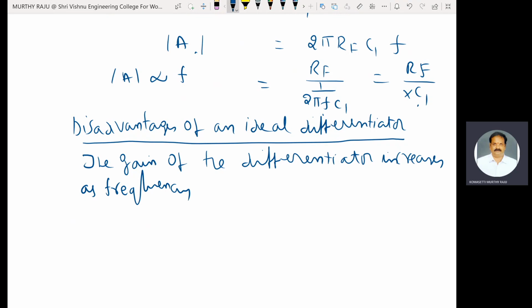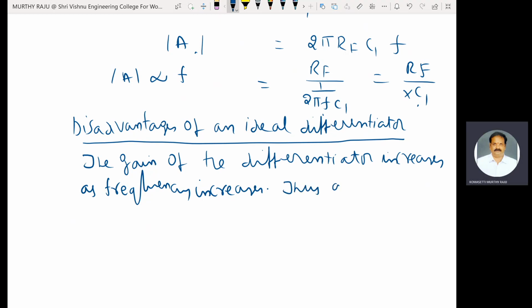Thus, at some high frequency, the differentiator may become unstable and break into oscillations. Because gain increases, it produces some oscillations at high frequency.